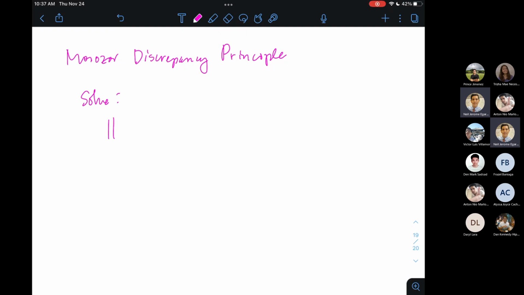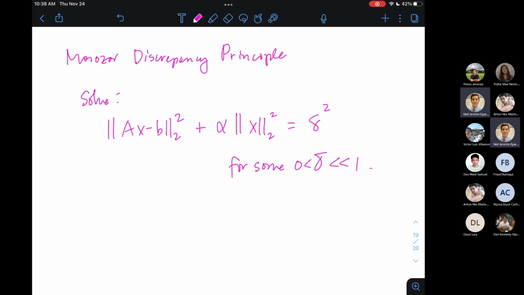We're solving for the solution of this nonlinear equation: norm of Ax minus b squared (square ko yung norm para mawala yung square root, para mas madaling isolve yung functional), plus alpha times the L2 norm of the solution equals some delta squared, for some positive constant delta that is much less than 1.